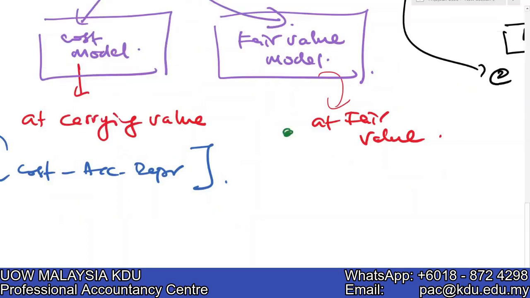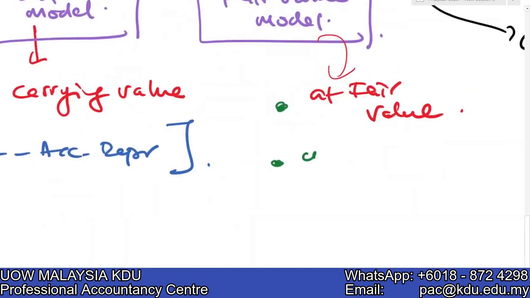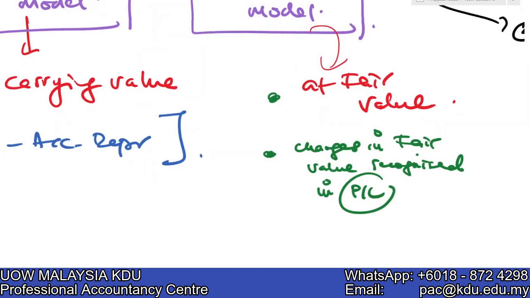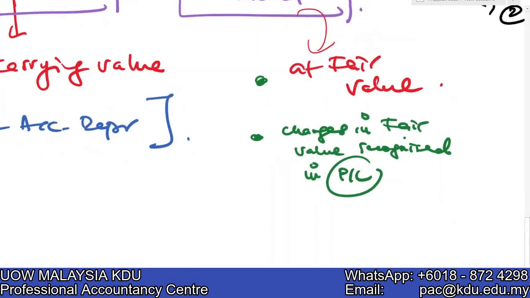So for the fair value model, your investment property is at fair value. Changes in fair value are recognized in P&L, not revaluation reserve. The revaluation model recognizes changes in revaluation reserve, but changes under the fair value model are recognized in the P&L.